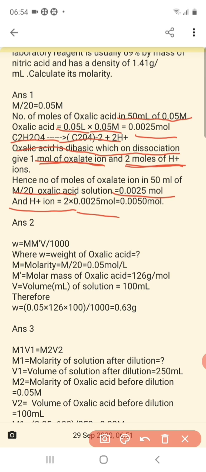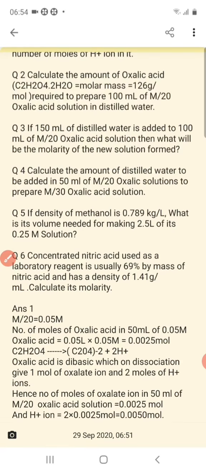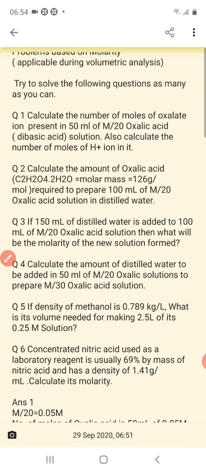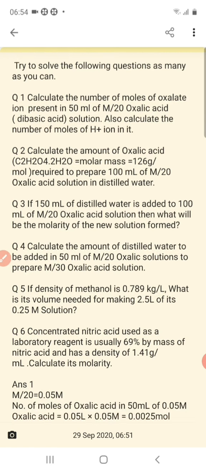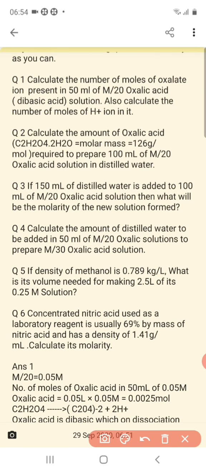Now let us solve the second problem. Calculate the amount of oxalic acid having molar mass 126 gram per mole required to prepare 100 ml of M/20 oxalic acid solution in distilled water.